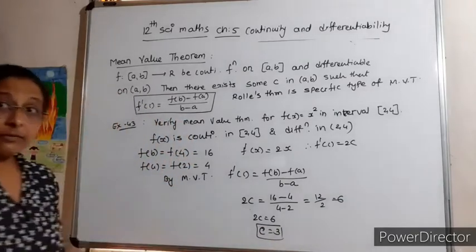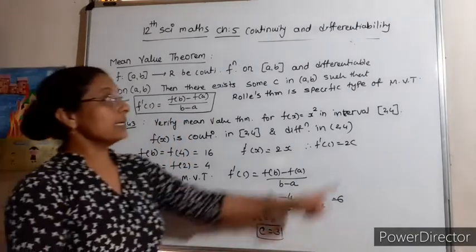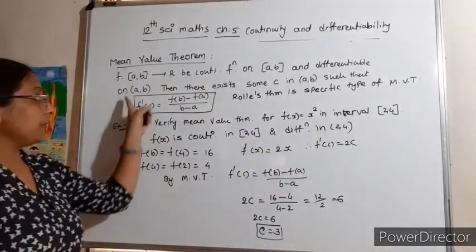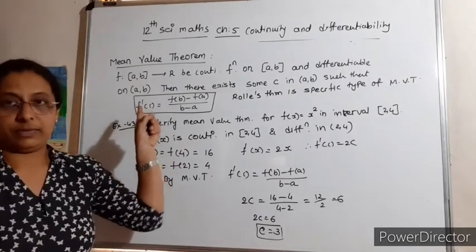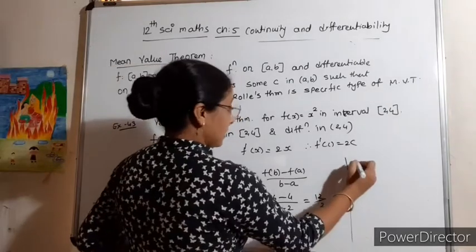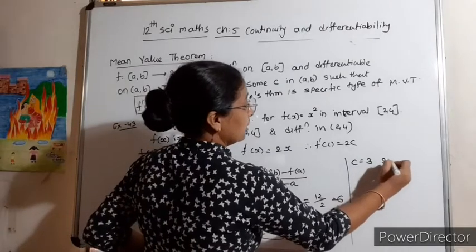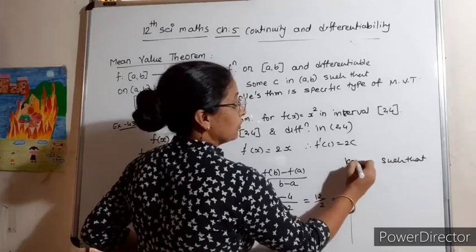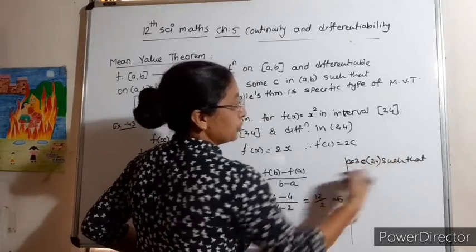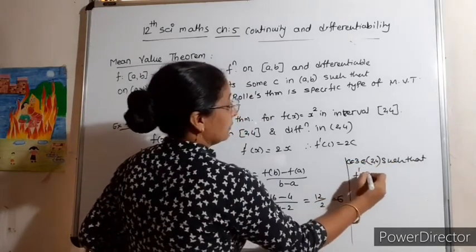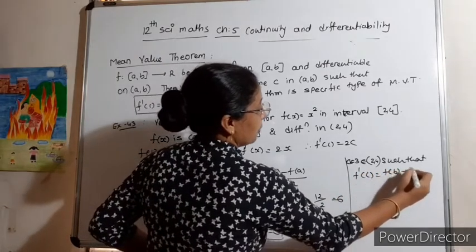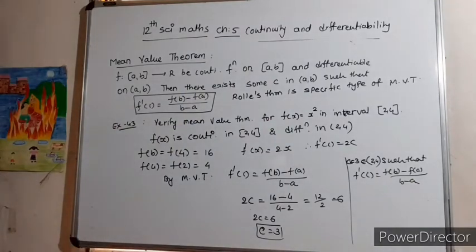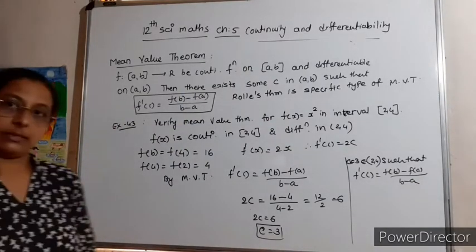This c equal to 3 belongs to the open interval (2, 4) such that f dash c is equal to f of b minus f of a upon b minus a होता है. So that is our final answer.